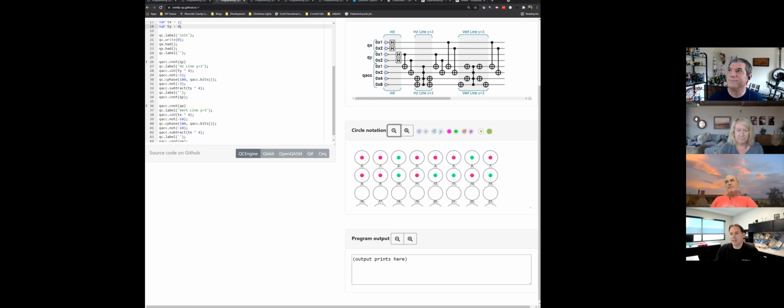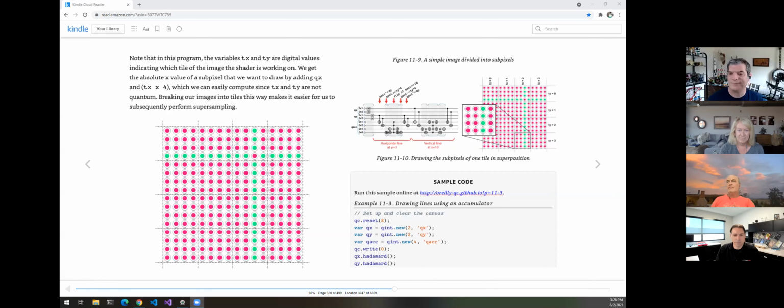But any other comments on this particular example before I move on? Okay. So he's basically showing, let's put some parameters in here and target one small section of the grid.